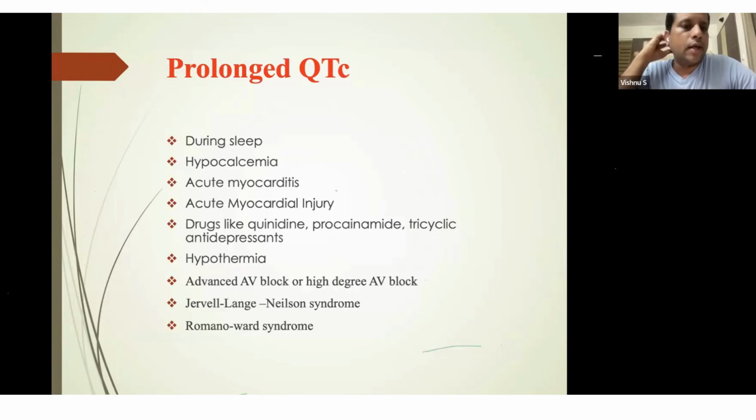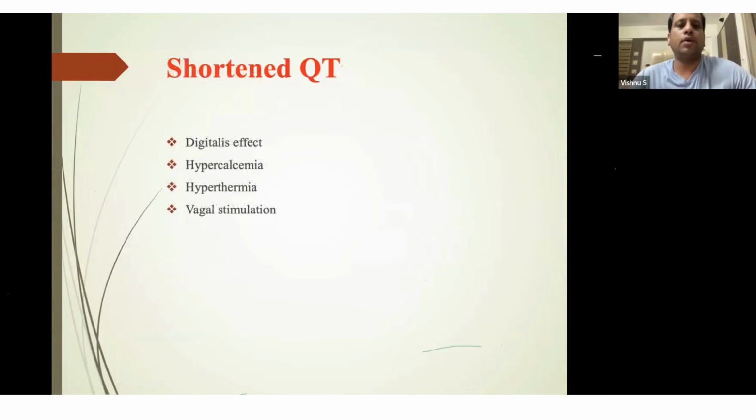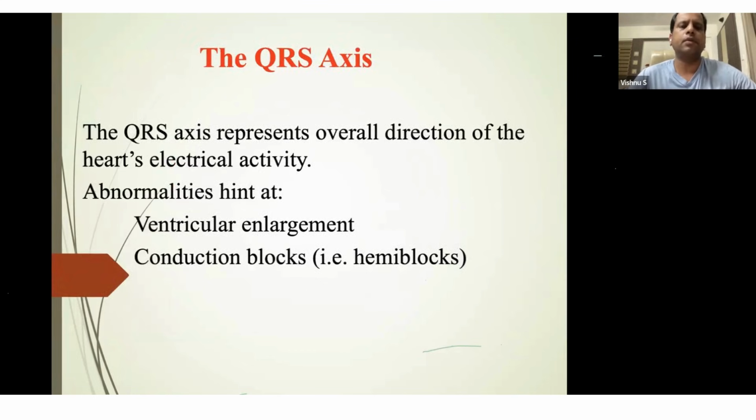In hypothermia, and when there is advanced AV block, high grade AV block, this prolongation of QTc will be there. Then familial syndromes can cause prolonged QTc, and that's why family history is important in a patient with a prolonged QT. Short QT is also seen, which also has arrhythmogenic potential, in digitalis effect, hypercalcemia, and hyperthermia.